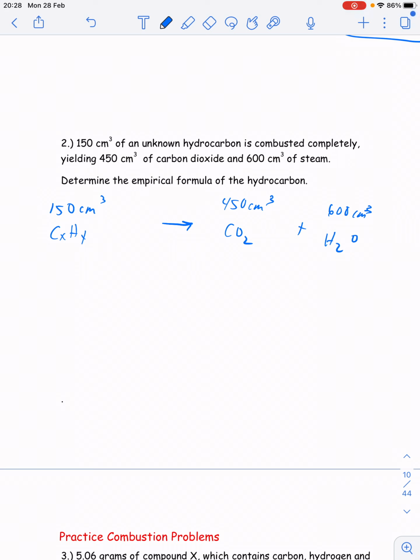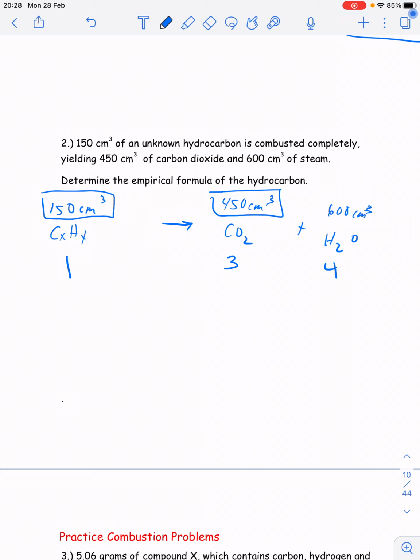I think at first that really throws people off, but the key thing to remember is just the ratio. The ratio is what matters. So really, it's telling us that 1 volume of the hydrocarbon makes 3 times as much CO2 and makes 4 times as much water. So what I'm looking at here is what's the ratio of 150 to 450, right?